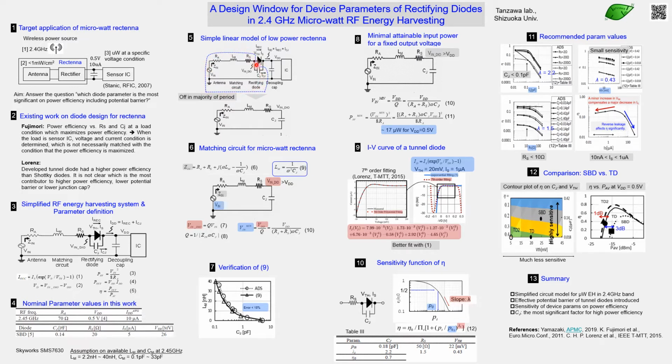Therefore, to the zeroth order equivalent model, we extracted this portion like this. Because this is a small signal circuit, this CJ is connected to AC ground.